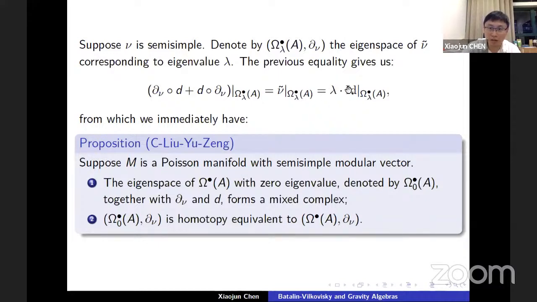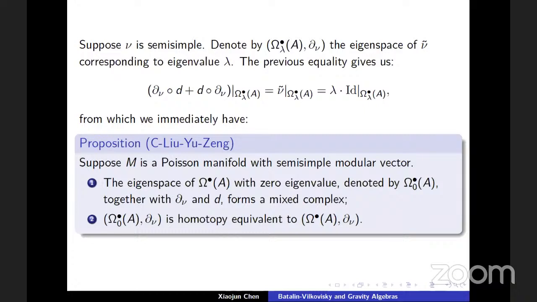And also from here, if lambda is non-zero, then this complex is acyclic, which means this zero eigenspace together with this twisted differential is homotopy equivalent to the total complex.